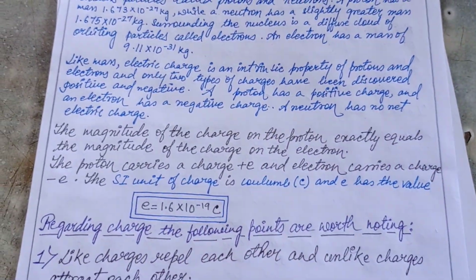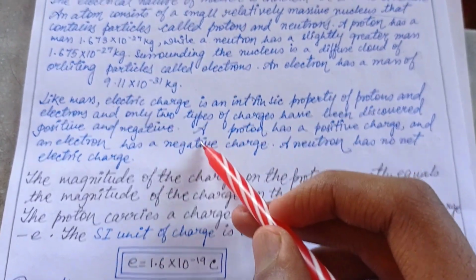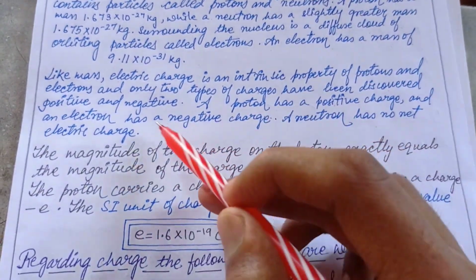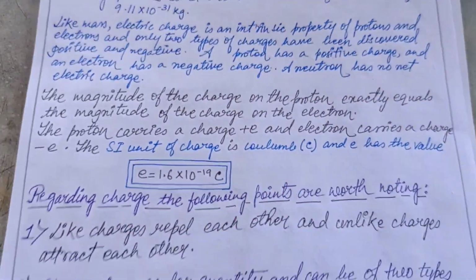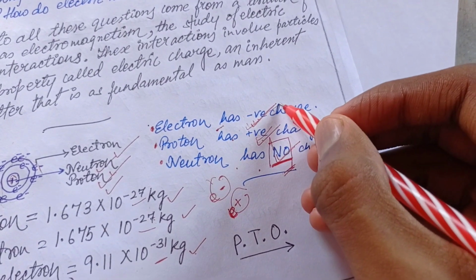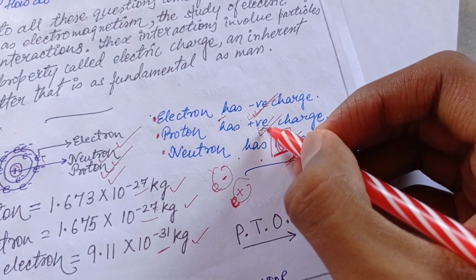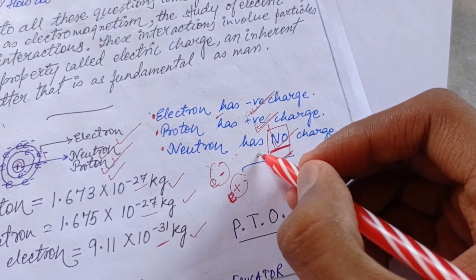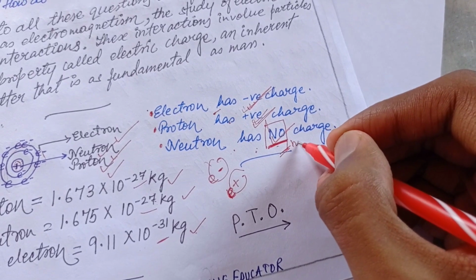So a proton has a positive charge and an electron has a negative charge, and the neutron will have no net charge.